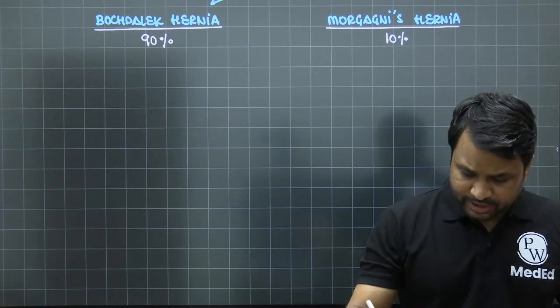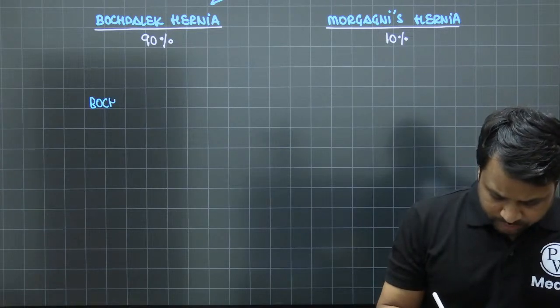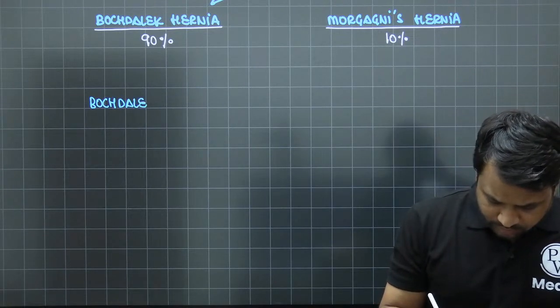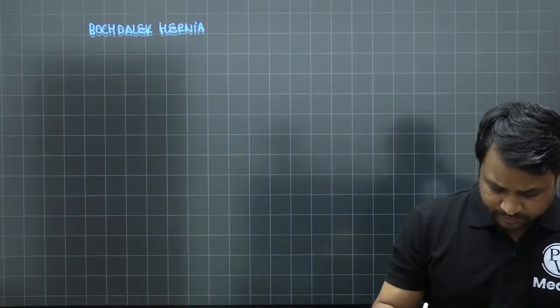In general, when you're discussing Bochdalek hernias, let's look at the following component. The first thing to understand in a Bochdalek hernia is its defect. Where do you think the defect is going to be present?